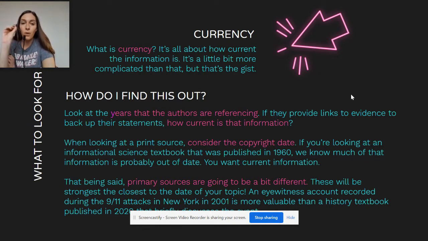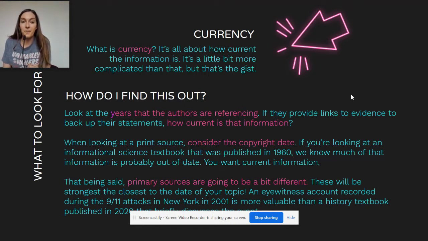So your primary source doesn't have to be from 2020. It can't be. And for primary sources, sources that are closest in time to your event or your topic or your person, that's good. That's what we want. We want primary sources that are closest to that date.